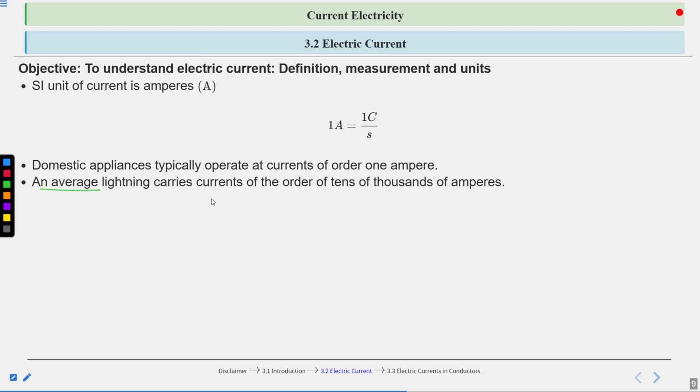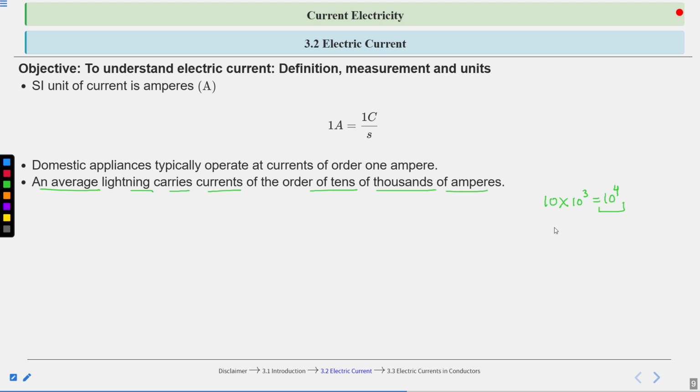And average lightning, we have discussed lightning. Average lightning carries currents of the order of tens of thousands of amperes. Average lightning carries a current of 10,000 ampere, which means 10 into 1000, 10 raised to the power 3 times 10, which is 10 raised to the power 4, that order of current.